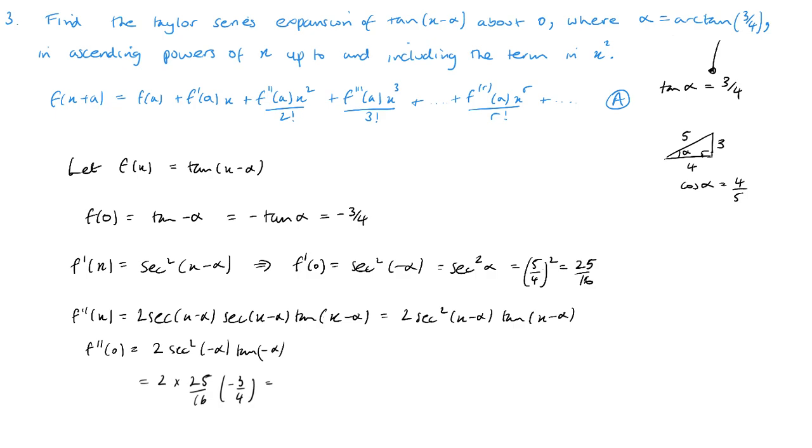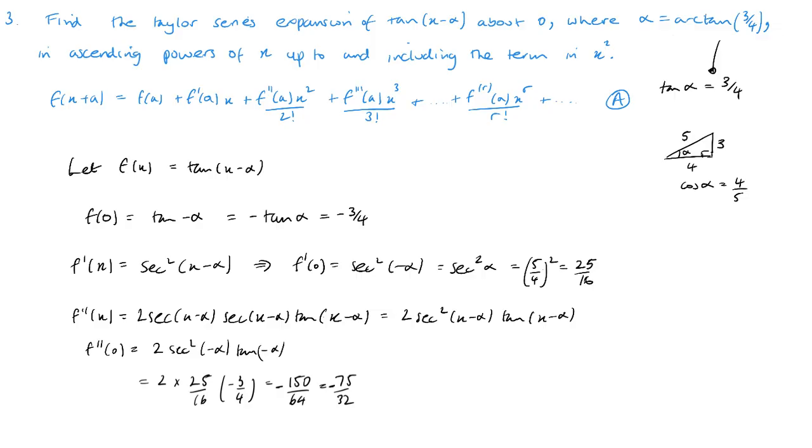So 25 times 3 times 2, so it's going to be 150. It's going to be minus 16 times 4 is 64. So 150 over 64, we'll just be able to take a 2 out. So it's 75 over 32 and it's negative.